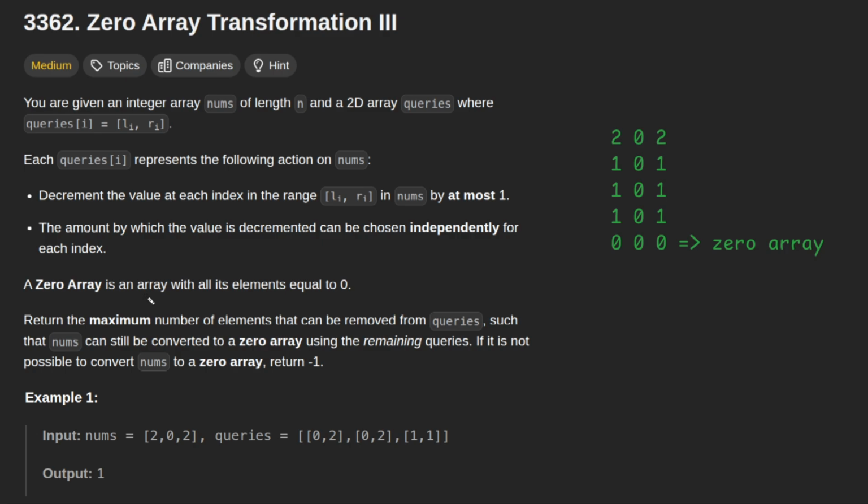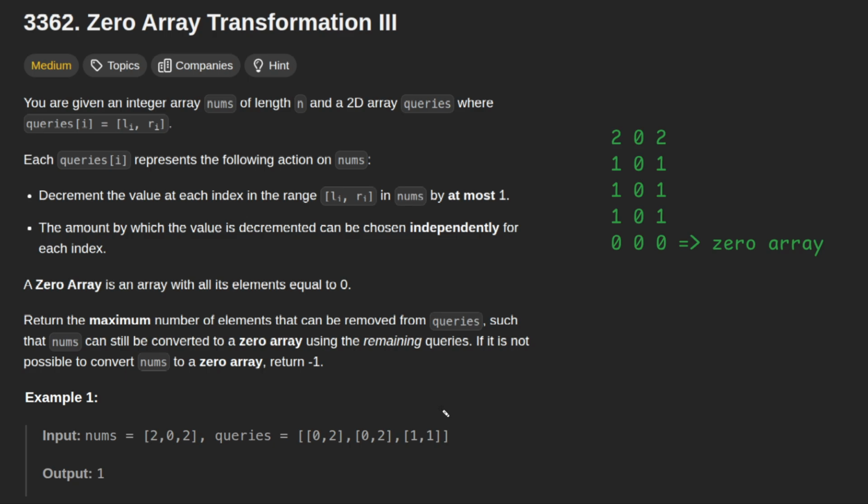A zero array is an array with all its elements equal to 0. That means this is a zero array because all its elements are equal to 0. Now return the maximum number of elements that can be removed from the queries such that nums can still be converted into a zero array using the remaining queries. If we perform these two queries, we get a zero array.